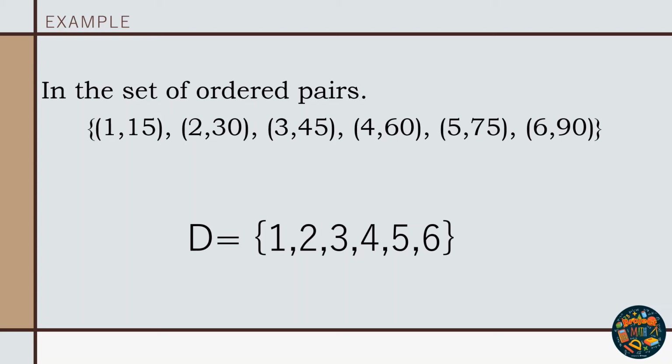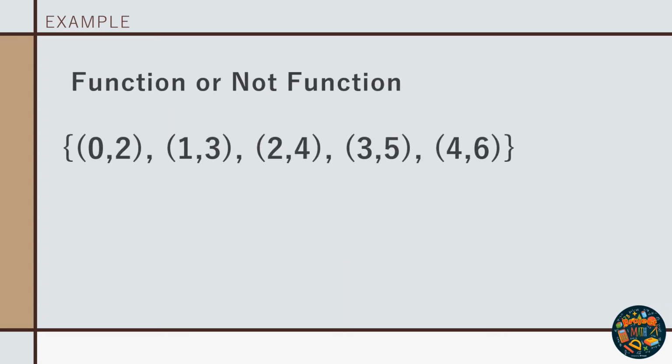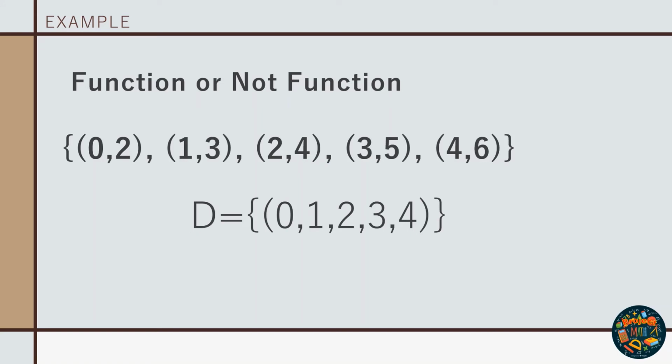Kung walang repetition sa domain o sa abscissa, meaning that this is a function. Now, identify if this is a function or not function. So we have the list of the domain. And the correct answer is a function. Correct.